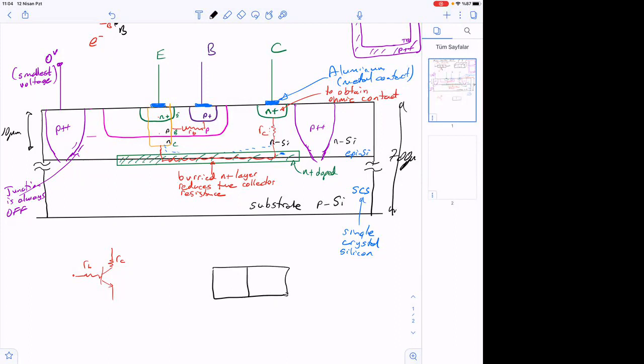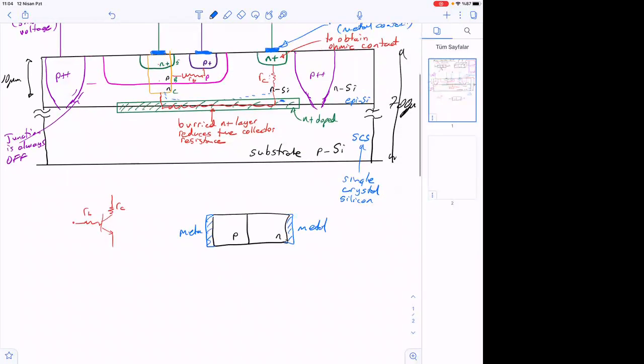This is P and this is N. If you put metal here to get a contact, and then metal here, you get a contact.